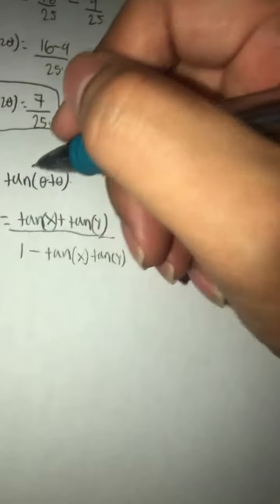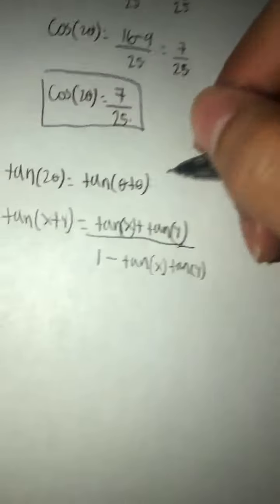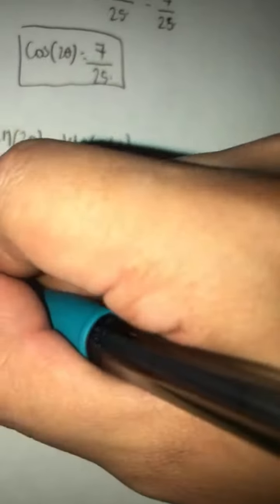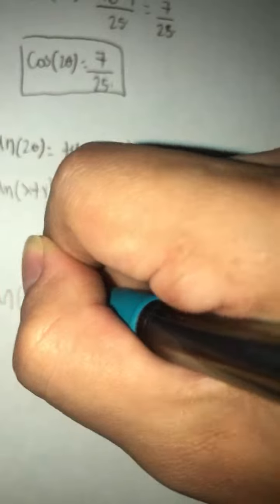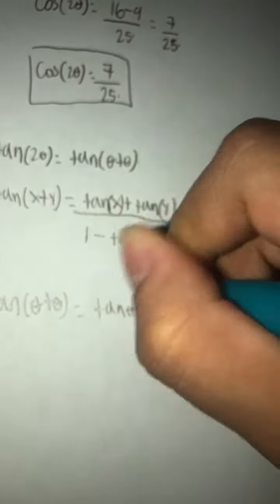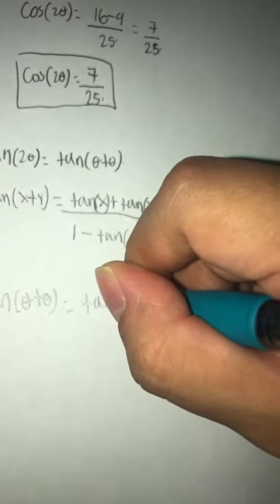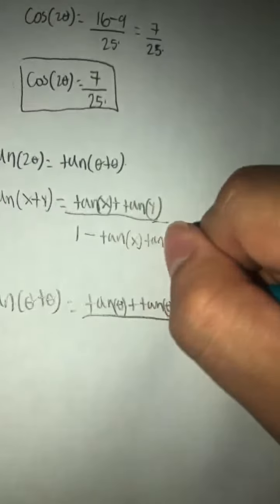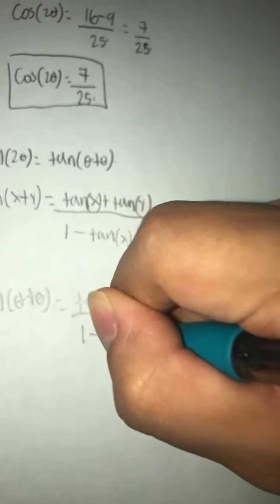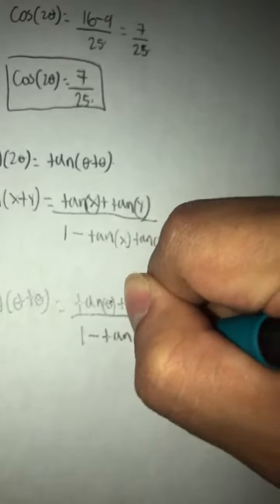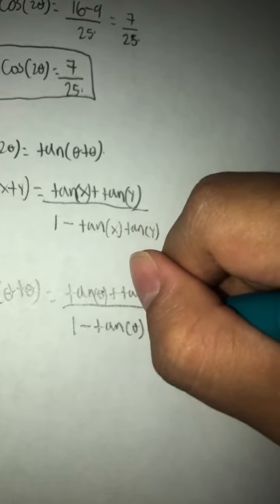So we want to do that same idea for tan 2 theta. We're going to say that tan of theta plus theta is tan theta plus tan theta over 1 minus tan theta times tan theta.